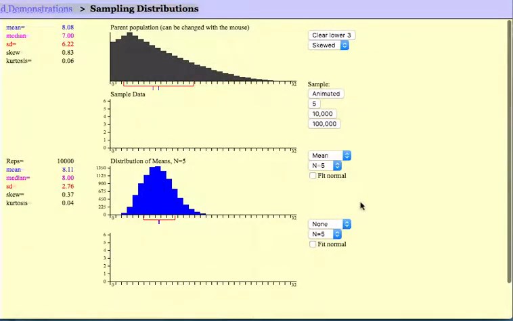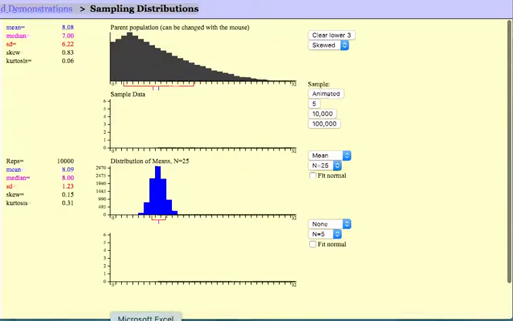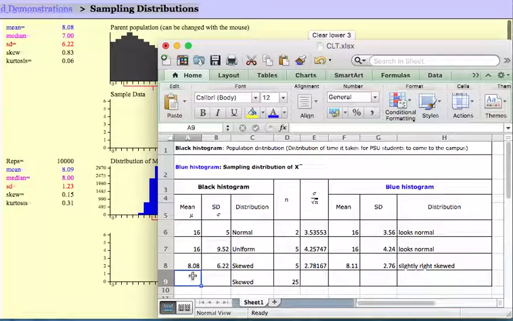So now let's go ahead and increase the sample size and see what happens. I'm going to increase the sample size up to 25. Do the same thing. Take random samples of size 25. Repeat this 10,000 times and put the sample means in the blue histogram. But now you can see that the blue histogram looks roughly symmetric. So once again, we're going to put this information into our Excel sheet.